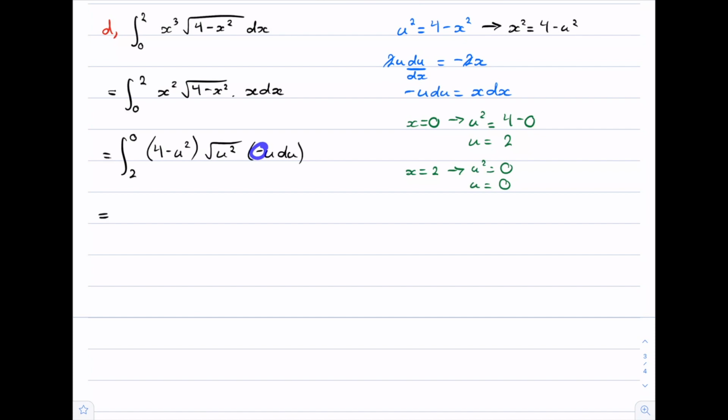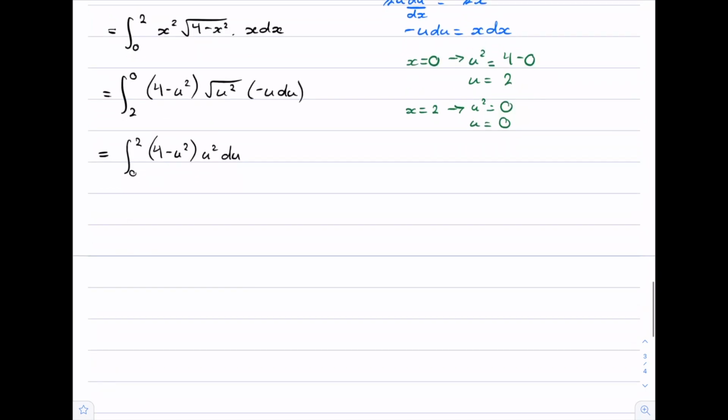This minus sign here has the effect of swapping these limits. So that gets absorbed into our integral and we swap our limits. And then we have 4 minus u squared. This is a u, and here we have a u, so we're multiplying by u times u, which is u squared. Integral from 0 to 2 of 4u squared minus u to the power 4 du.